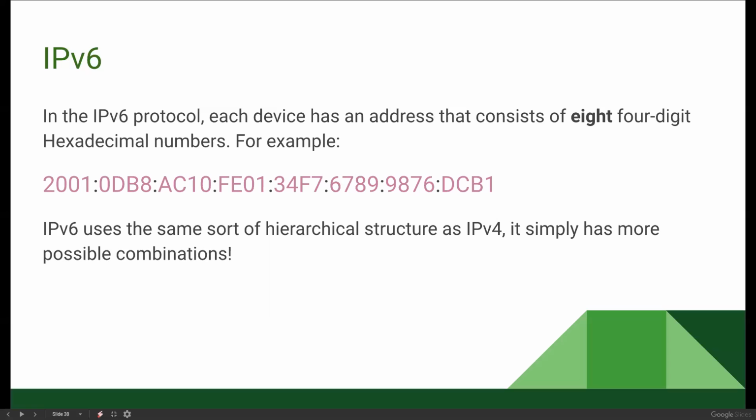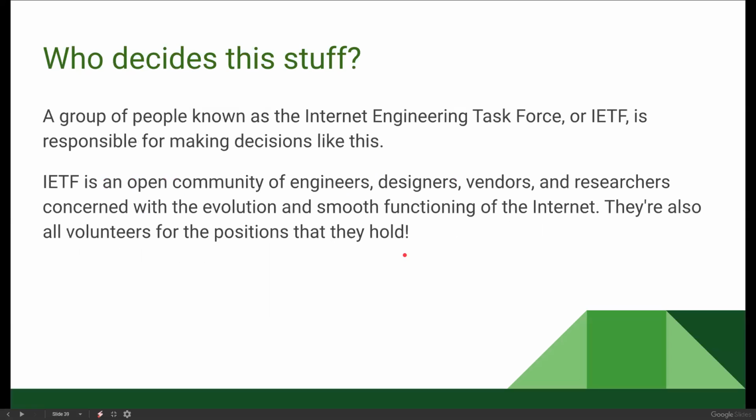So it didn't really solve the problem of not having enough addresses. Since the name IPv5 was already taken, we moved to IPv6, which has this updated number of addresses. So that's why we're on 6 instead of 5.